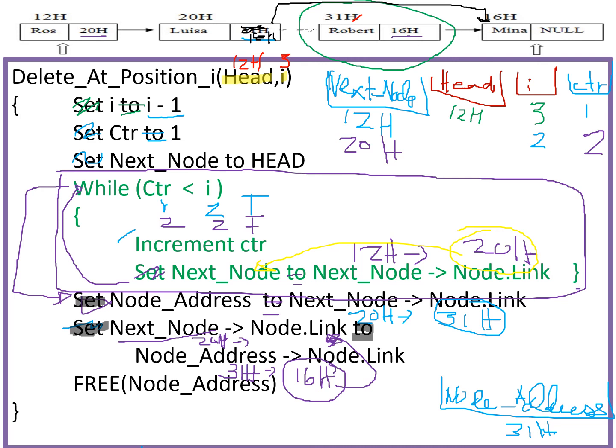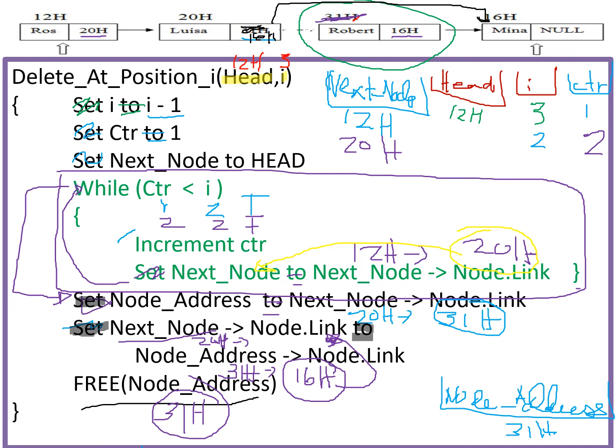Okay? So, what will happen? Okay, we now have free node address. Node address is 31H. So, 31H will be freed. Ito yun, 31H. Itong buong to, mawawala. Okay?